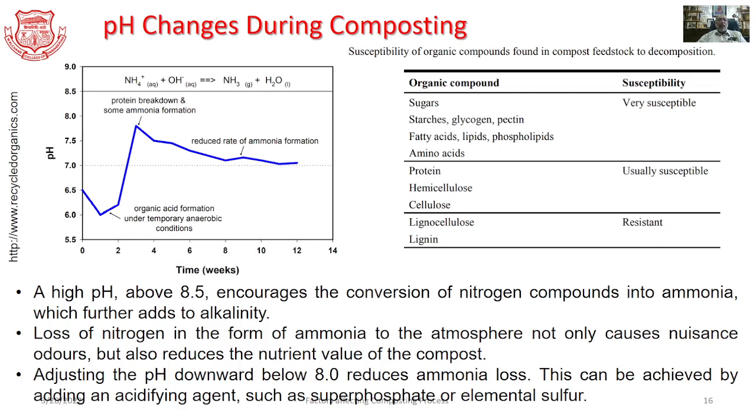As the entire process is associated with the bacterial activity as well as it is time dependent, there will be considerable change in the pH. Initially, as the bacterial activity is fast, there would be some development of temporary anaerobic conditions during which certain organic acids are formed, because of which the pH is reduced to 6.